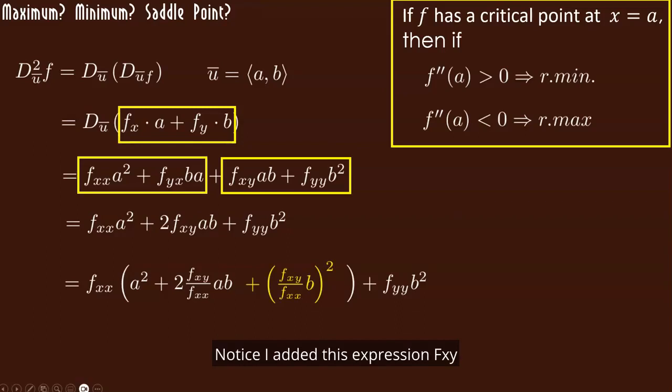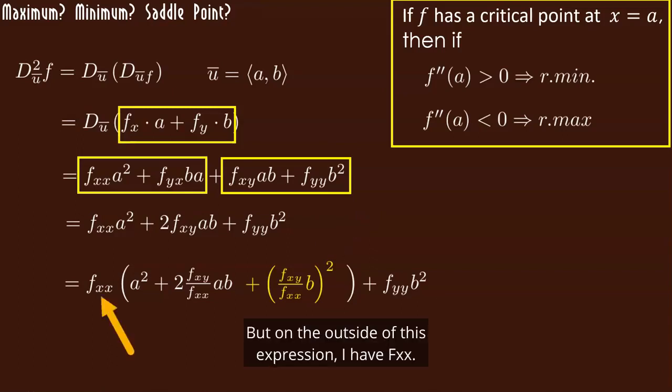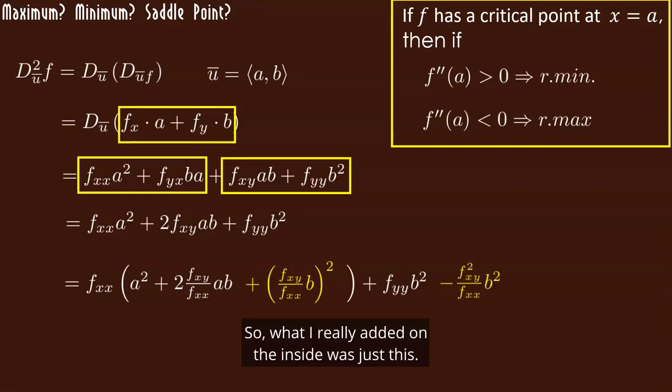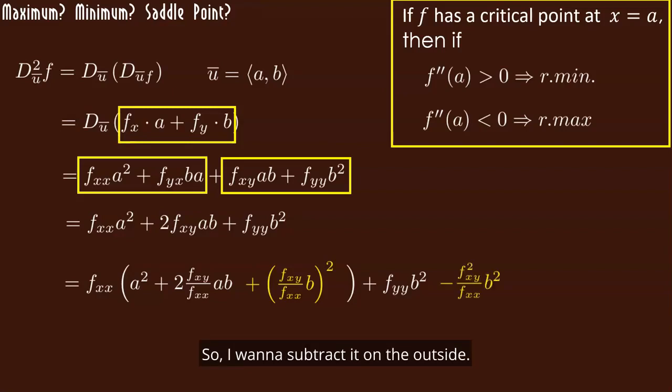Notice I added this expression, fxy over fxx times b, squared, but on the outside of this expression, I have fxx. So when I try to remember what I actually added, one of those f sub xx's on the bottom cancels out. So what I really added on the inside was just this. So I want to subtract it on the outside.